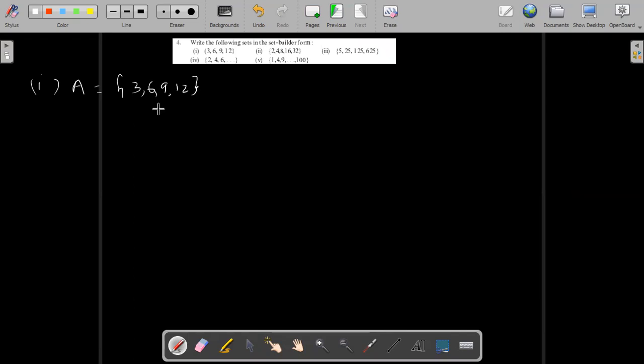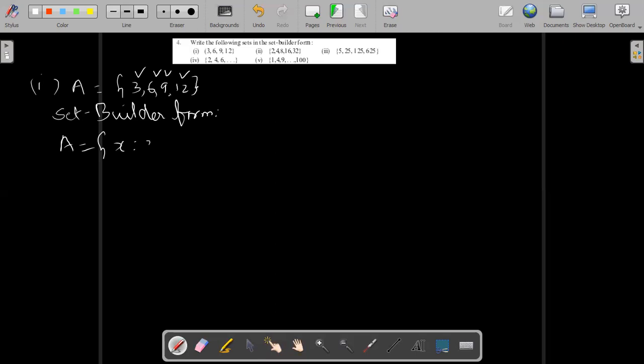So its set builder form will be written as: A is the set of all x such that x is a natural number but a multiple of 3, because 3 ones are 3, 3 twos are 6, 3 threes are 9, 3 fours are 12. But multiples less than 15.